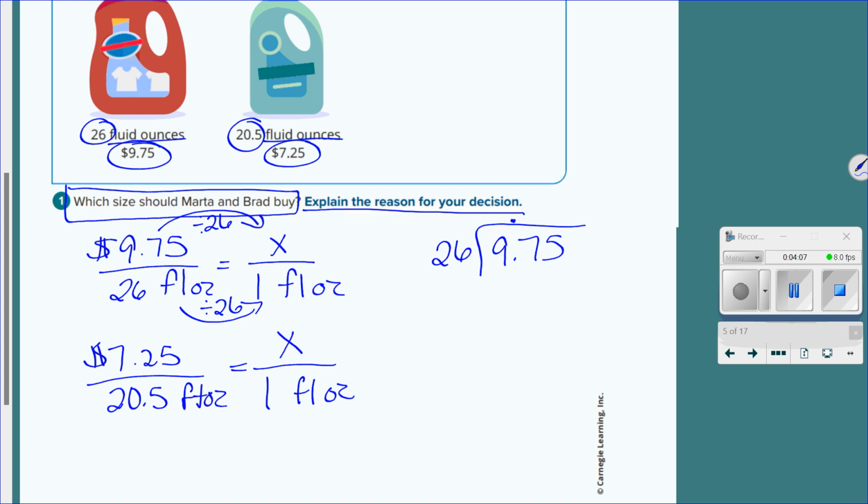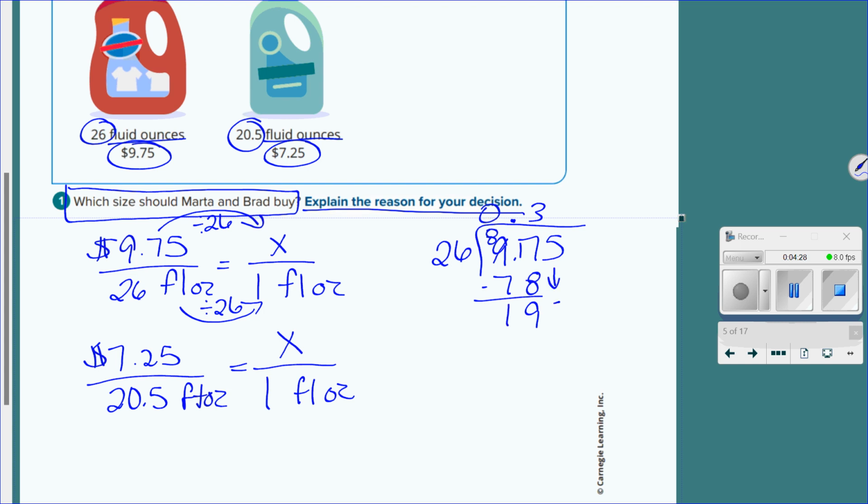Can 26 go into 9? No. Can it go into 97? Yes. How many times? 3. And that's 78. 7 minus 8 I can't do, so I borrow. 17 minus 8? 9. 8 minus 7? 1.